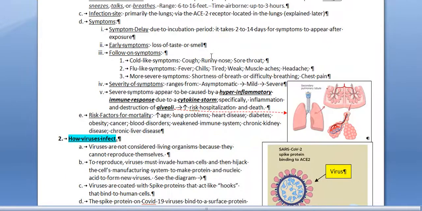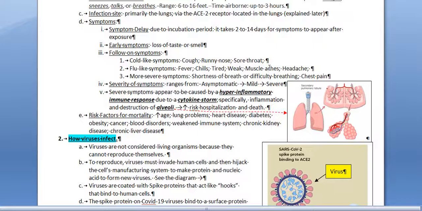Early symptoms include loss of taste or smell. You can't taste your food or smell things, and that's an early indicator. The follow-on symptoms are cold-like symptoms, like a cough, runny nose, sore throat. You have flu-like symptoms, things like fever, chills, tiredness, weakness, muscle aches, headaches.